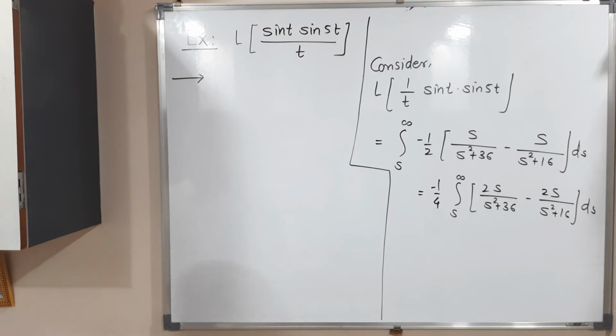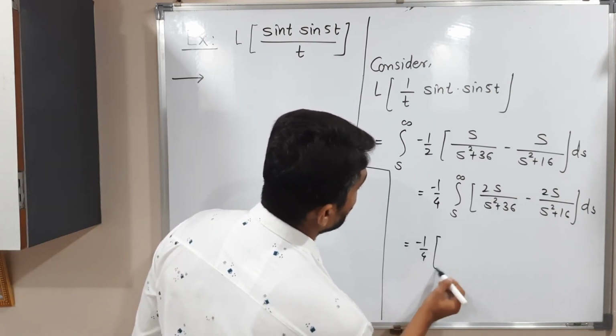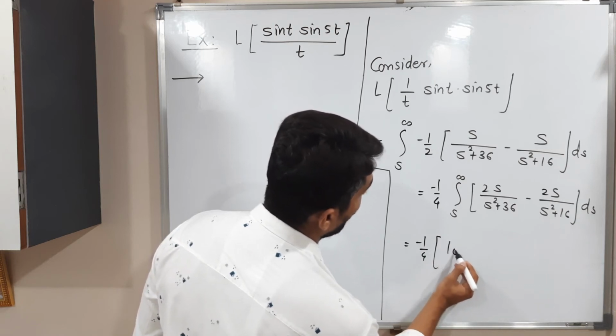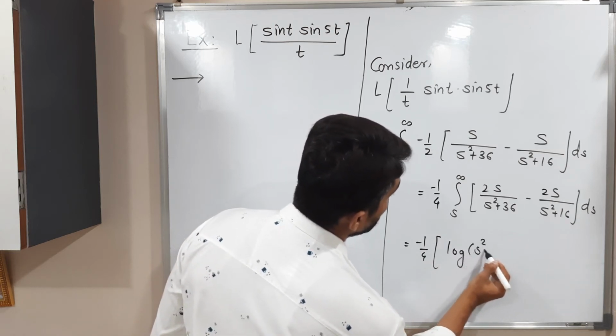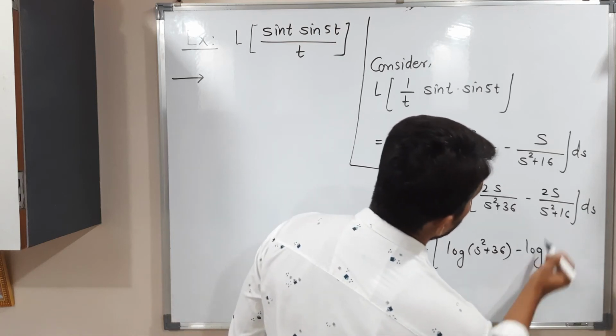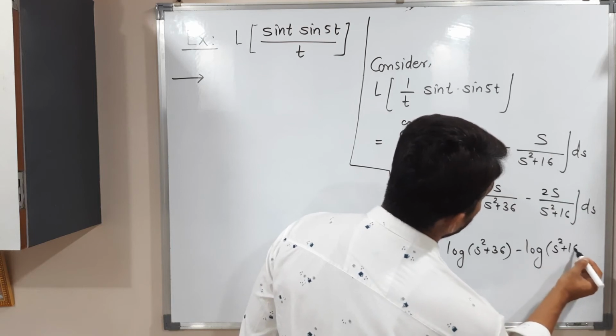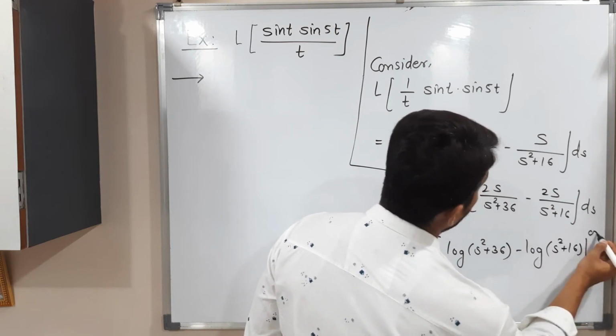Okay, so let us continue it here. So minus 1 by 4 is a constant. As I told you earlier, its integration will be log of denominator, that means s square plus 36 minus log of same value, same formula I am using here, log of s square plus 16 with limit s to infinity.